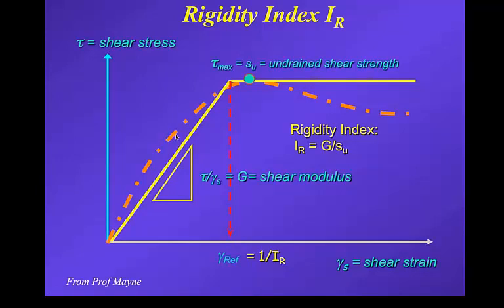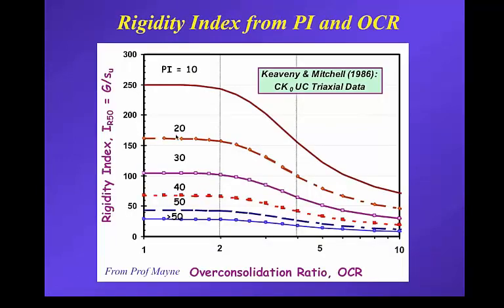So I said, if you assumed a rigidity index of 100, then that calculates out as a reference strain at failure of 1%. Obviously, if the rigidity index is 500, then it's 0.5%. And that's the elastic plastic.